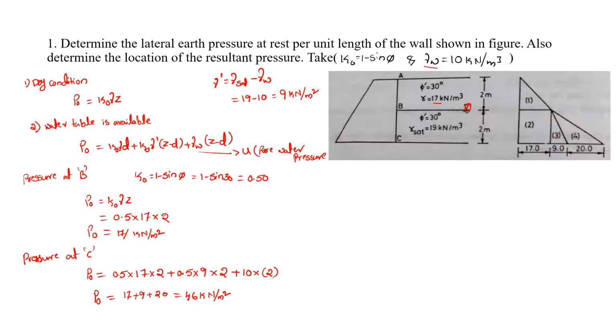The extra portion from B to C is because of the vertical stress, with water content present. When water is present, the vertical stress decreases, so we got 9, but to calculate the horizontal stress we have to add the water pressure. 20 is the pore water pressure.